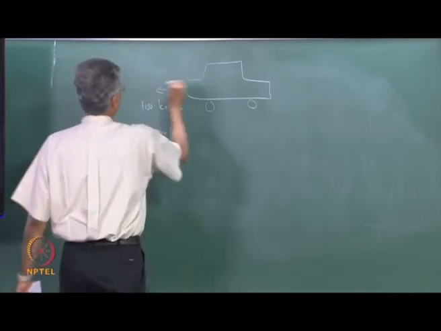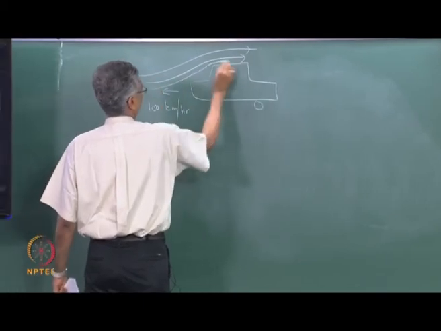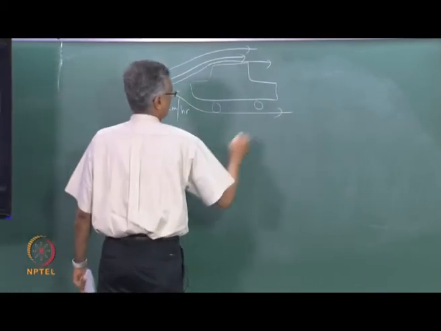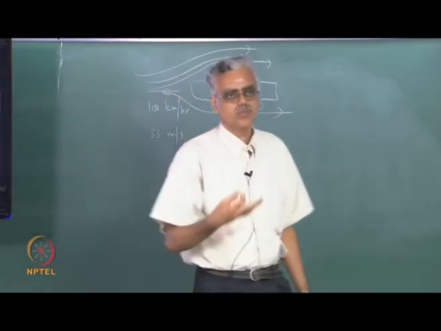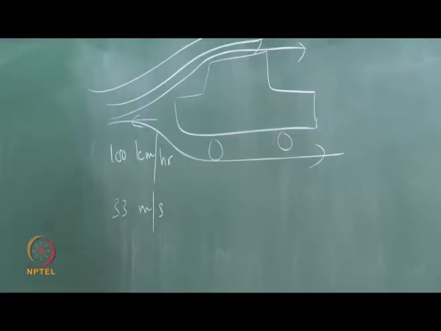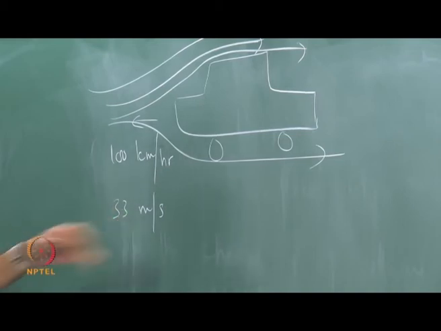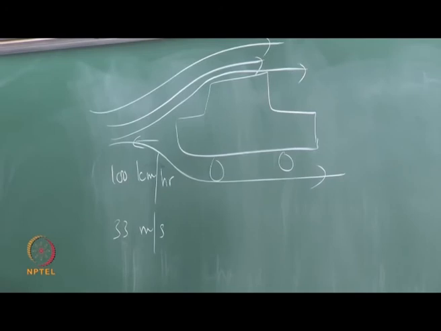So the air flows around the automobile, and we want to find out whether compressibility effects are significant in this flow, right. So now we have an idea about the velocity, and the speed actually seems quite high. So we are trying to figure out whether compressibility effects are significant in this type of flow, right.